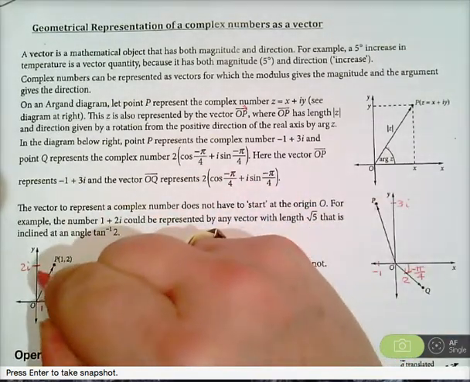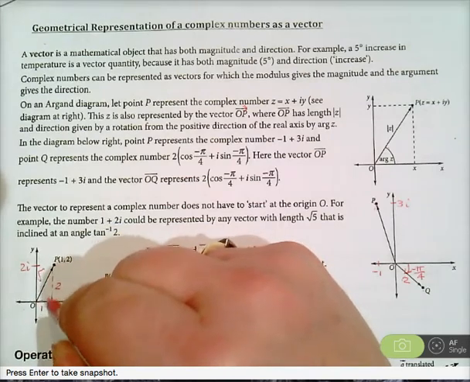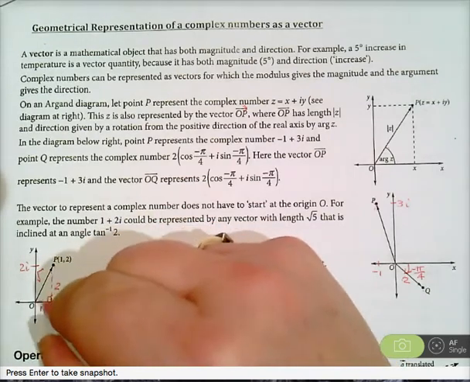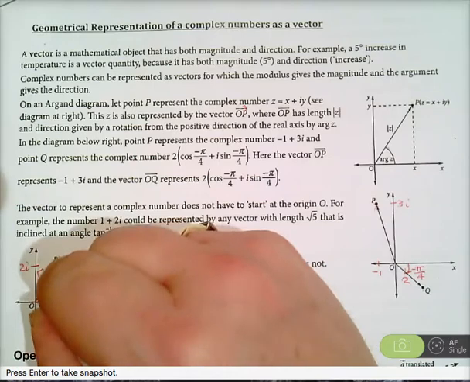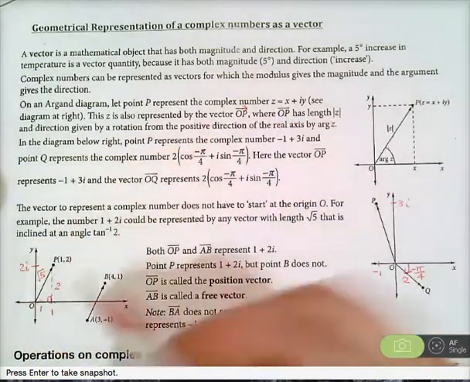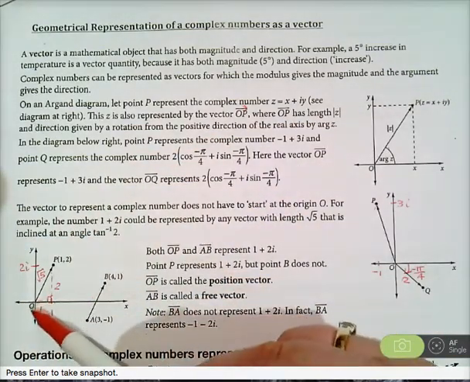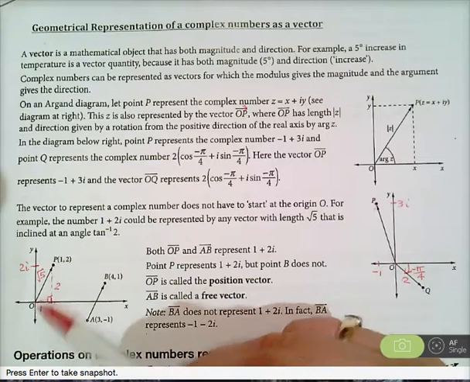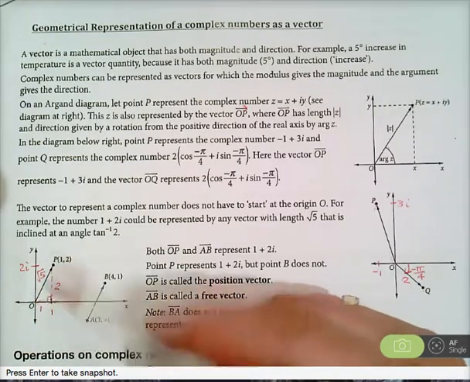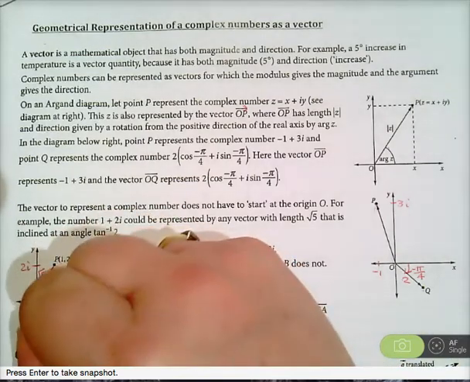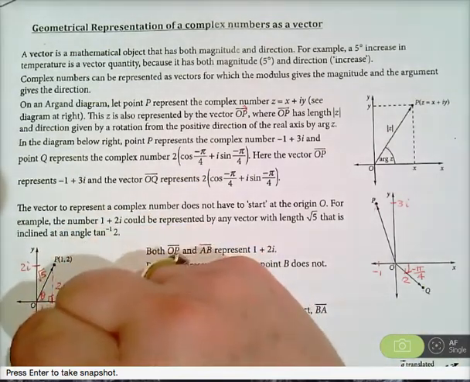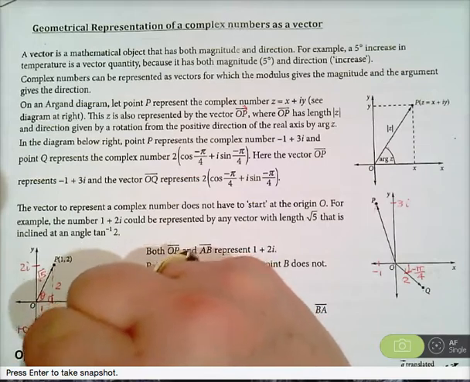So the hypotenuse, or the modulus, is the square root of 1 squared plus 2 squared, which is the square root of 5. So that can be represented by any vector with a length of root 5 that is inclined at this angle.